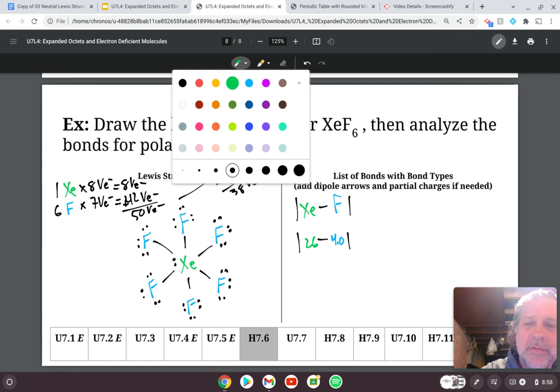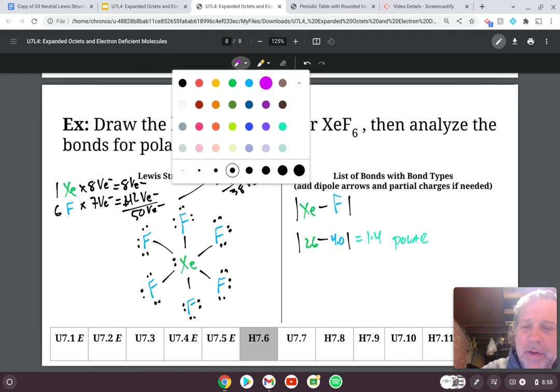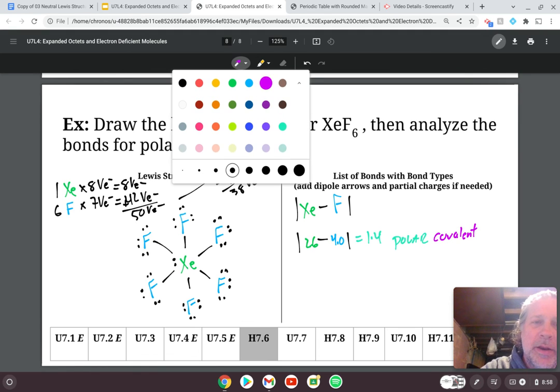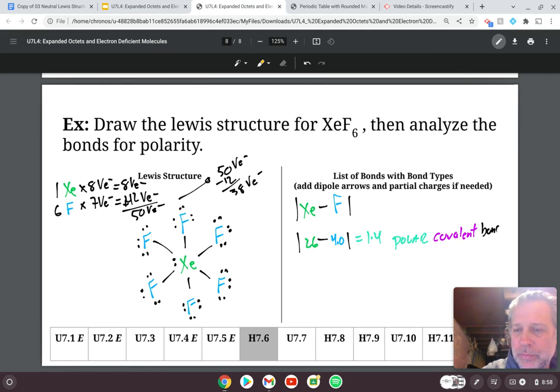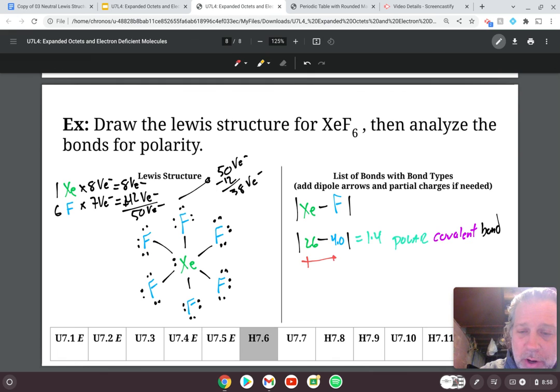So 2.6 minus 4.0 is 1.4, which tells me it's a polar covalent bond. And so if it's a polar covalent bond, we have to draw the dipole arrow.